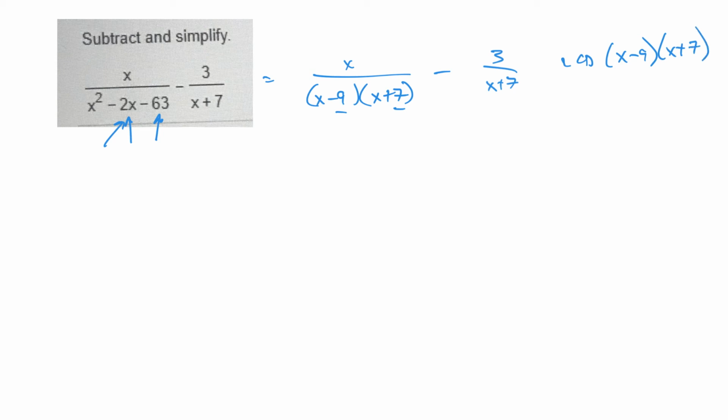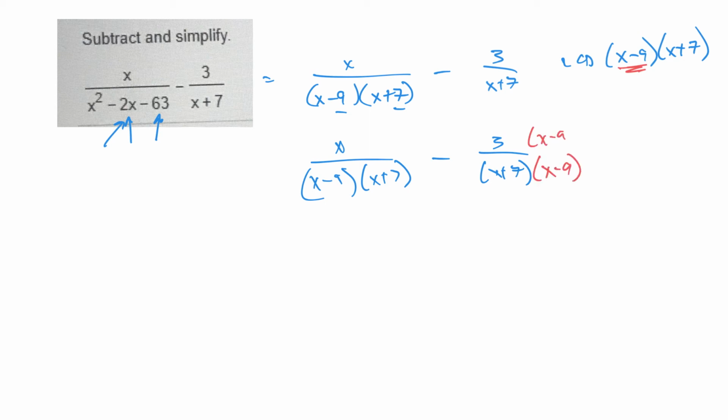Okay, so this first one already has all that, so I just leave it. The second one though, this is what I have. And to get the lowest common denominator, it looks like I need to include this. So an x minus 9 on the bottom and the top. Okay, now I can just write one denominator. And then on the top I have x minus 3 times x minus 9.